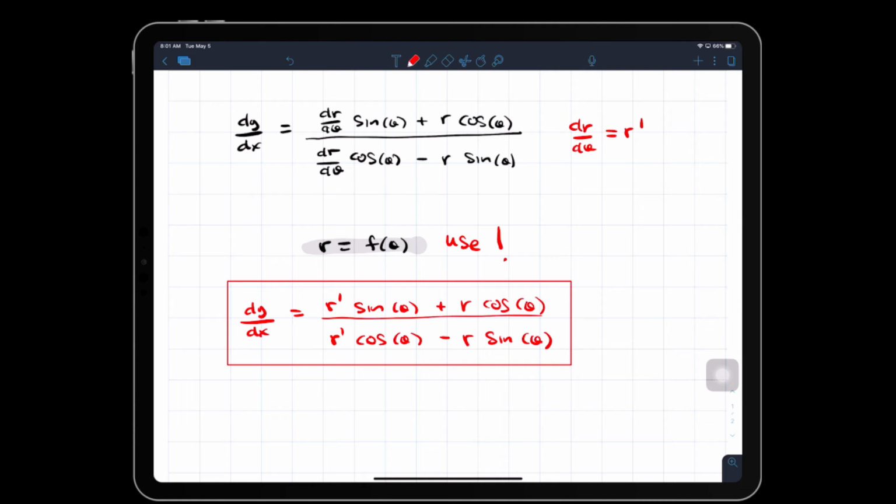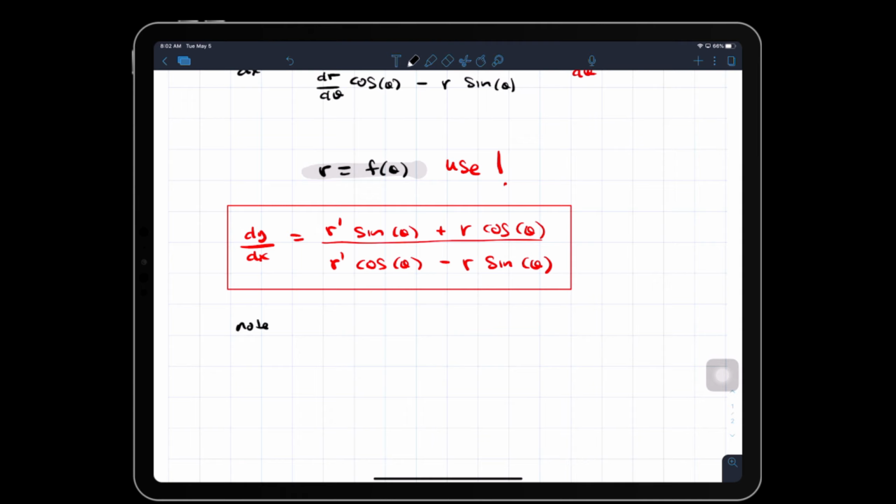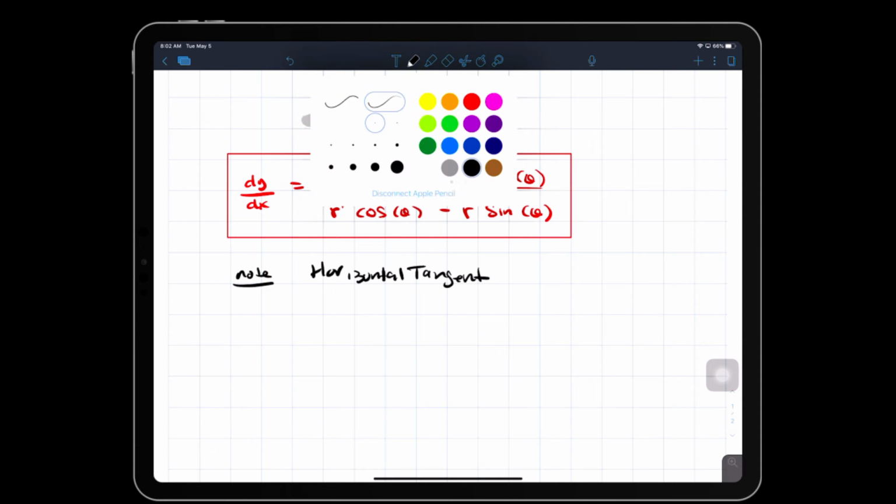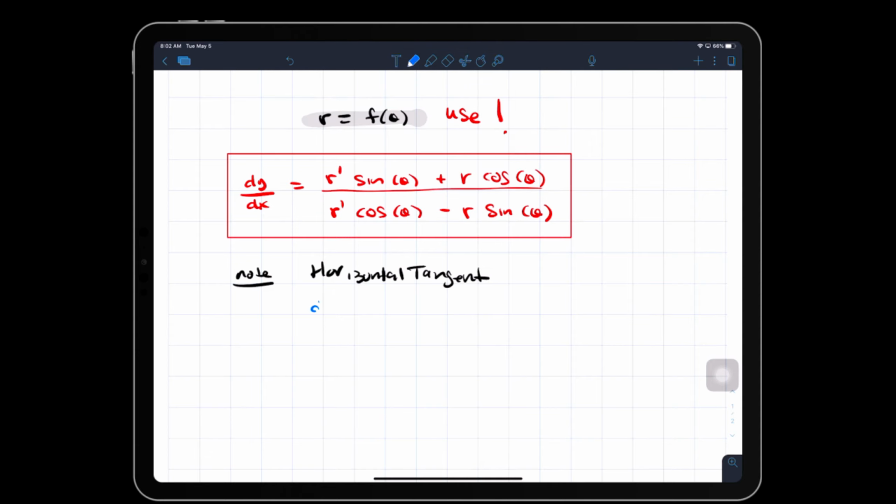And let's give you guys some very important notes here. Vertical tangents here. Let's go back to calculus here. And horizontal tangent. We're going to do both horizontal and vertical tangent. So remember, you'll have a horizontal tangent when the derivative equals 0. But the derivative here has a numerator over a denominator.